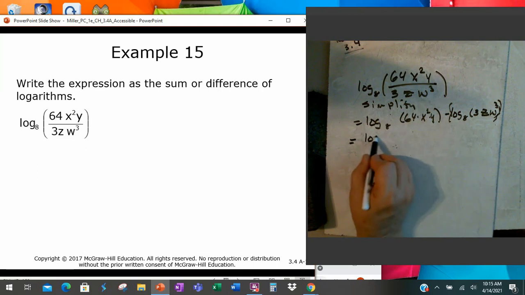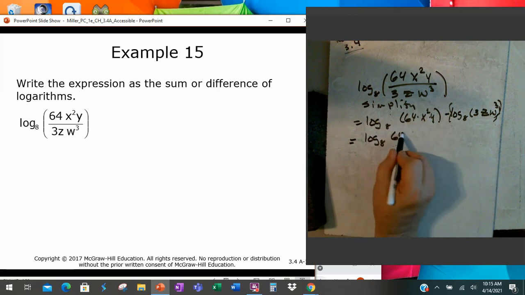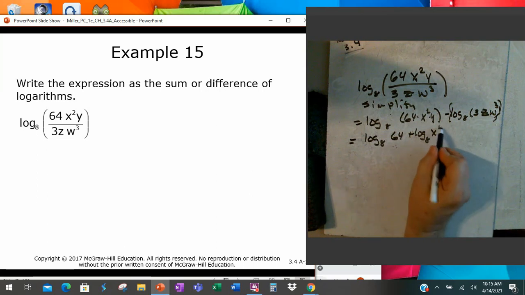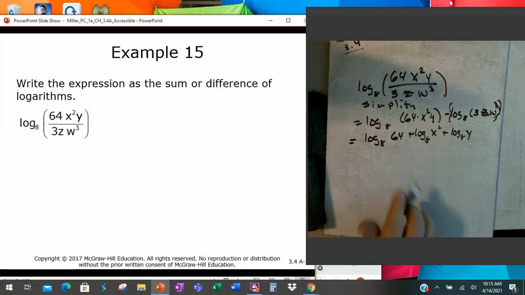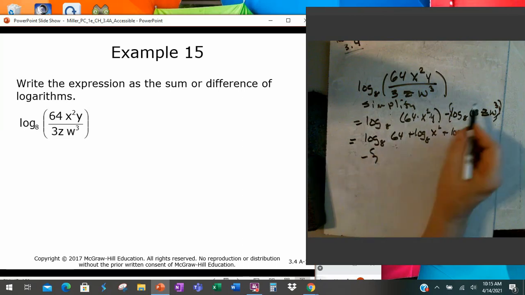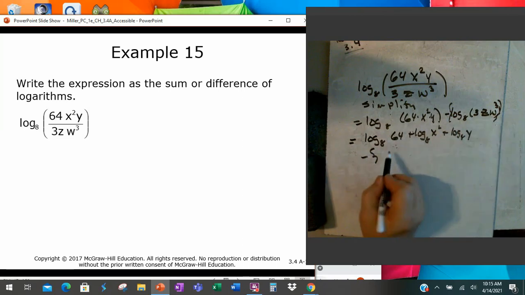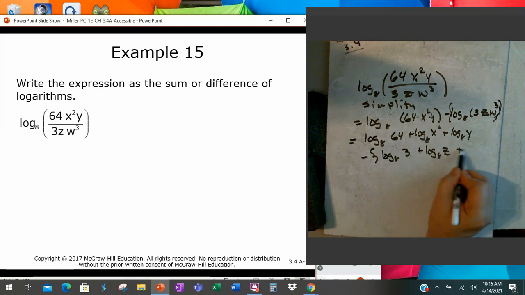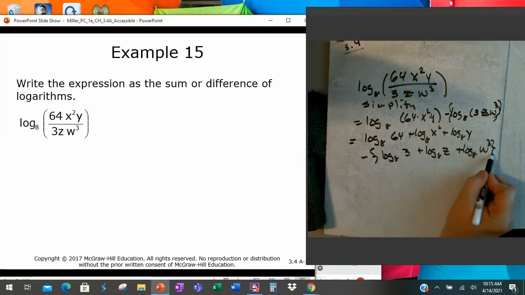Multiplication, let me take care of that. And then my curly brace expansion here, this is subtracting all of this stuff. Log 8 of 3, plus log 8 of z, plus log base 8 of w cubed, okay?